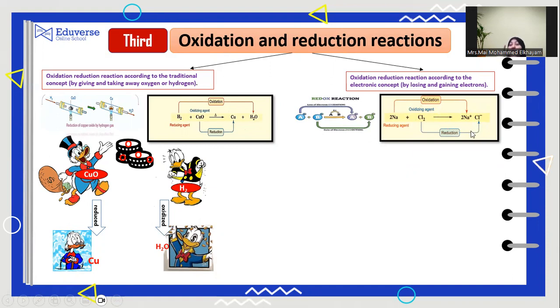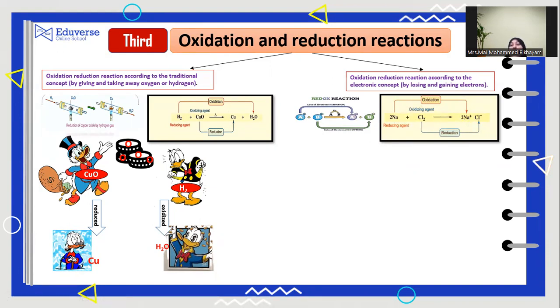Keep your eyes on the reactants and products. Ask yourself, which parts have changed? So let's talk about sodium. Sodium is neutral here. To change to a positive sodium ion, it lost 1 electron.